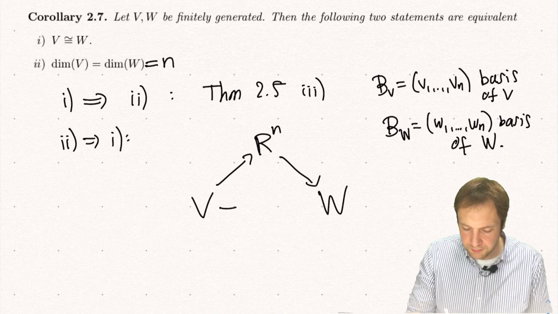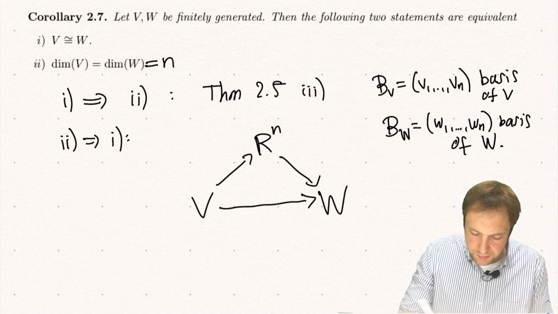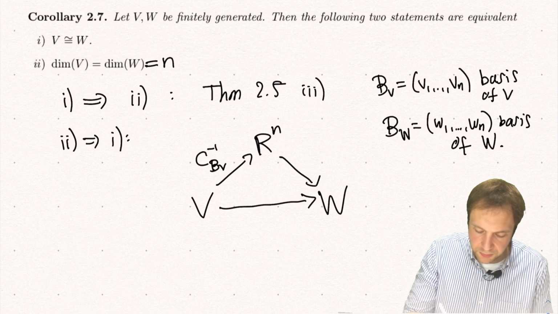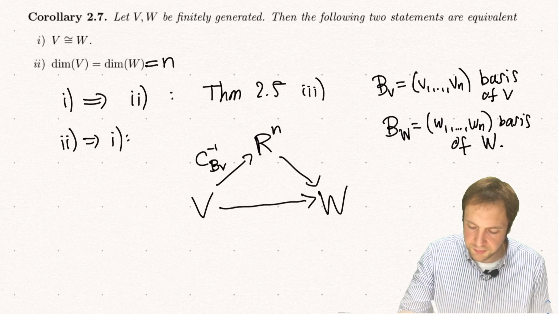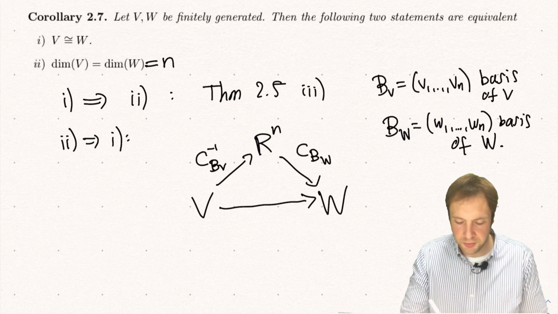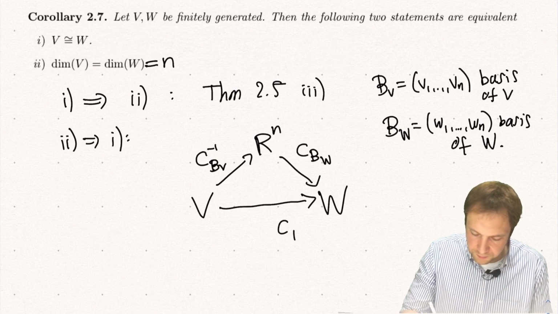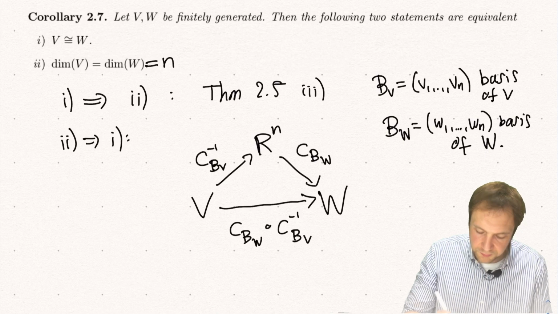Then I can make an explicit isomorphism from V to W by first taking the inverse of the coordinate map with respect to the basis of V, and then I can take the coordinate map for W. So in other words, I can take the composition of the inverse of the coordinate map and then I compose it with the coordinate map.